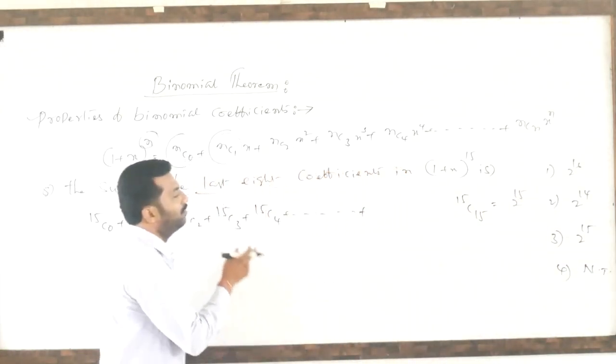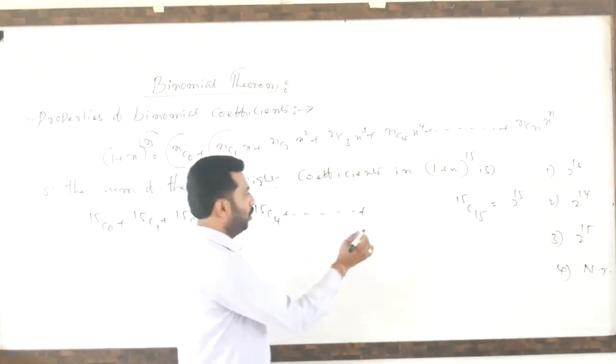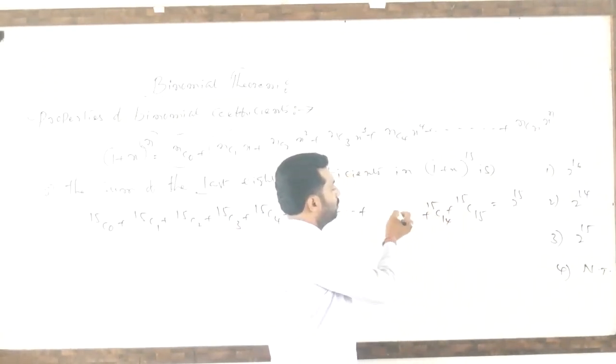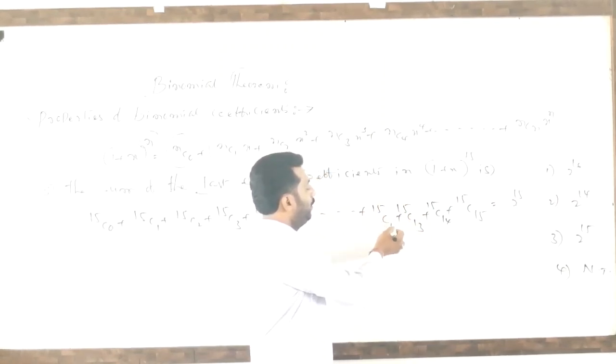Previous result, sum of the binomial coefficients. What is previous? 15C14. What is previous? 15C13. What is previous? 15C12.